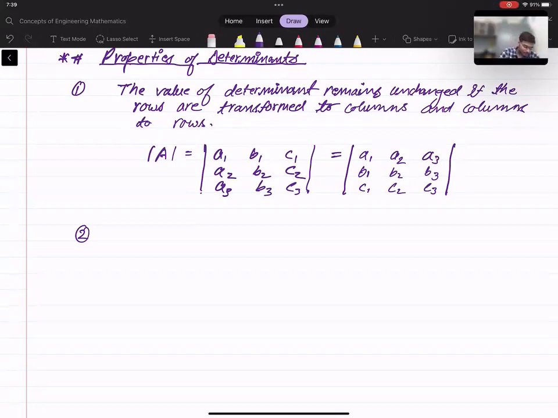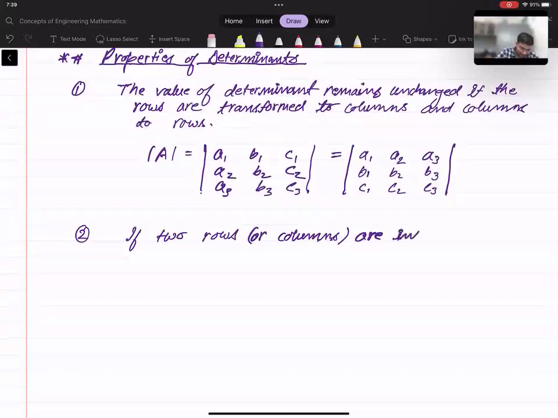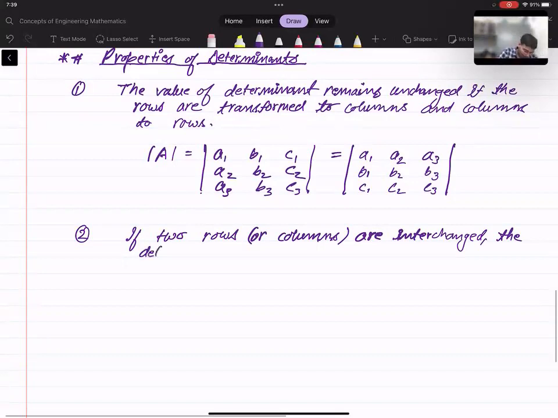So if two rows or columns are interchanged, the determinant changes its sign.